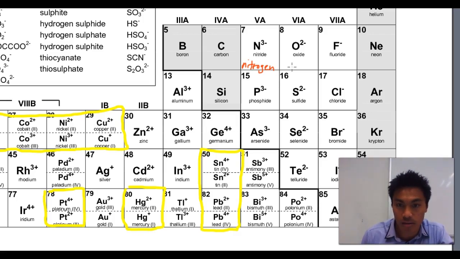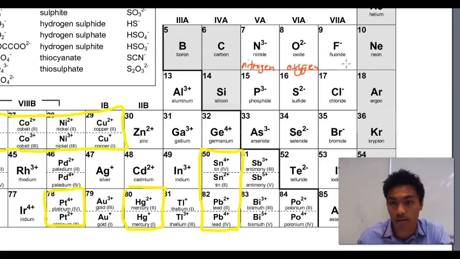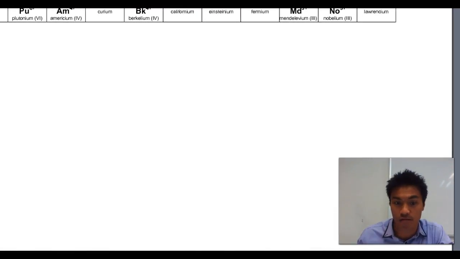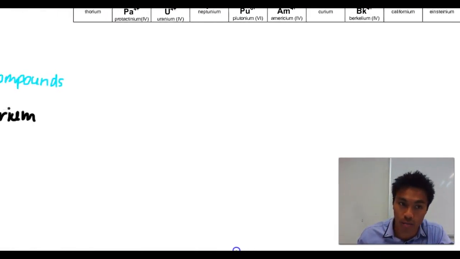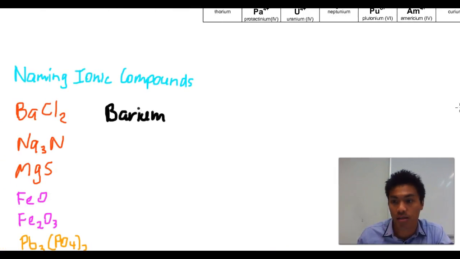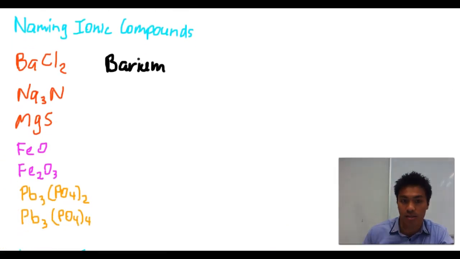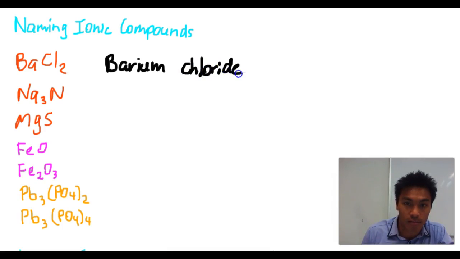This was nitrogen before. Oxygen becomes oxide, fluorine becomes fluoride, chloride, sulfide, etc. So in terms of naming, if it's a non-metal anion, it's going to become an "ide." So barium, and chlorine becomes chloride. There we go.